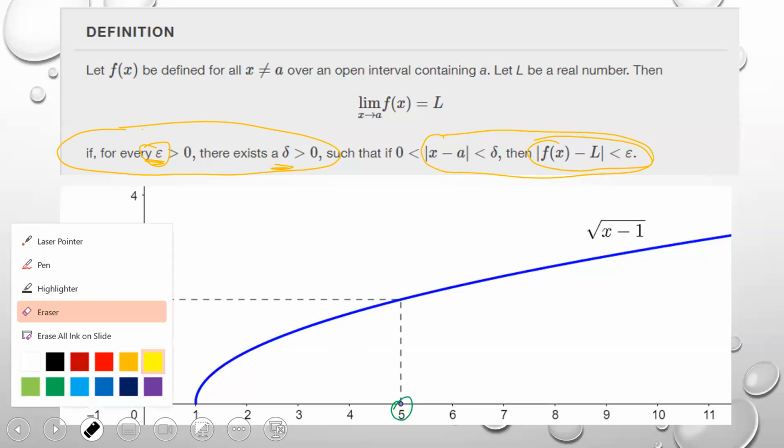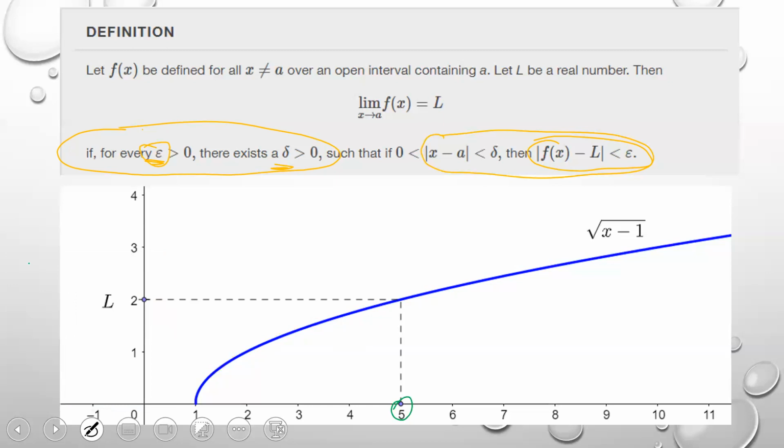Well, first of all, it says that if we choose any epsilon value, which is basically a distance around this value 2 here, and what do I mean by that? Let's say that epsilon equals 0.1.